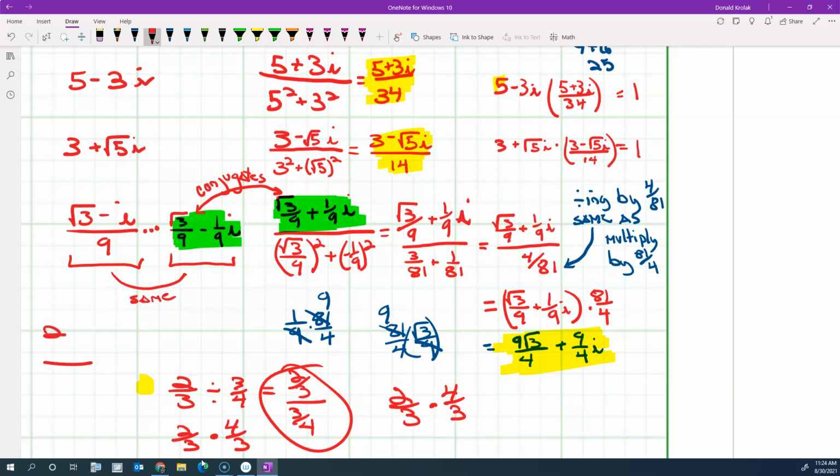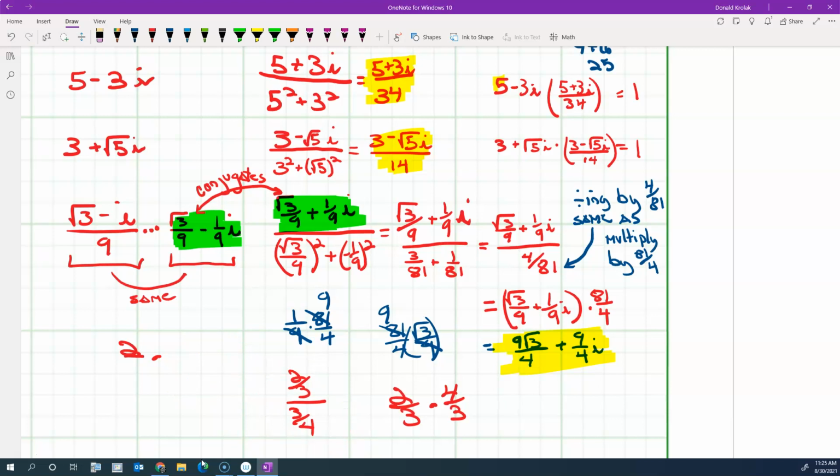If you had 2/3 divided by 3/4, you wouldn't leave it like that. You'd rewrite it as multiplied by the reciprocal, and now you got 8/9. That's how you'd leave it. Do you see what I'm doing there? So you wouldn't leave a fraction in the denominator. You just rewrite it as multiplying by the reciprocal.